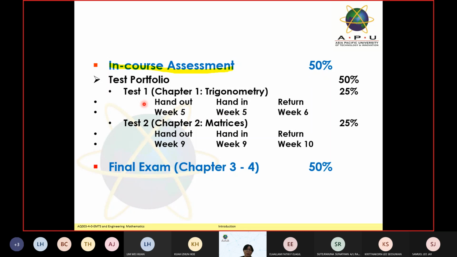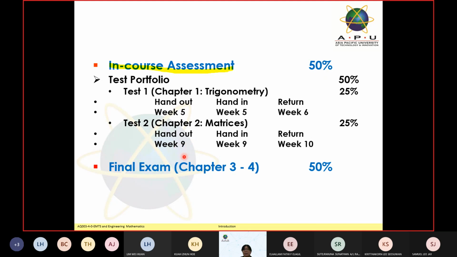Test 1 will be 25%, conducted around week 5, and test 2, assessing matrices, is 25% as well, conducted around week 9.